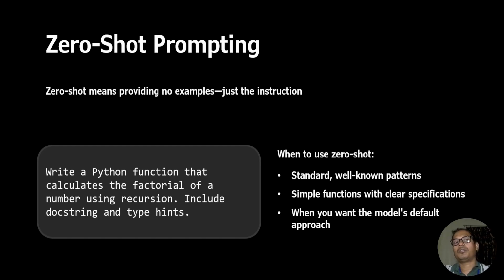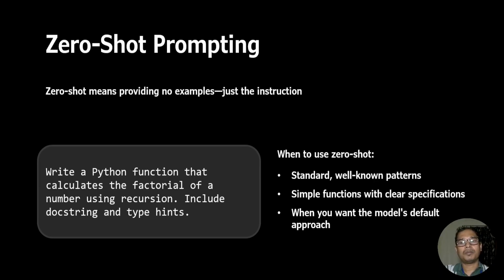Now let me tell you another prompt strategy, which is called zero shot prompting. Zero shot means you are providing no examples to the AI, just the instructions. Like this: write a Python function that calculates the factorial of a number using recursion, include docstring and type hints. So you are not providing any examples. You use zero shot prompting when your requirement is standard and a well-known pattern for the AI.